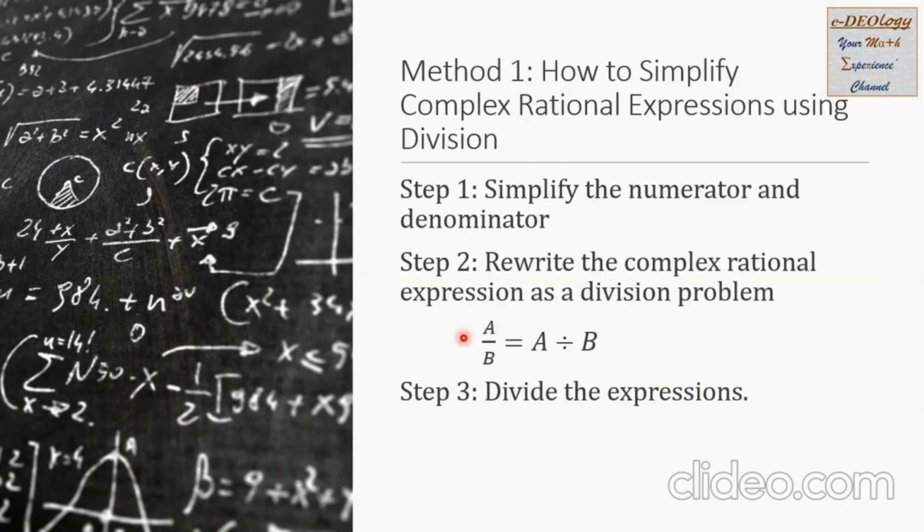If we have a over b, where a and b are rational expressions, this will be equal to a, the numerator, the first rational expression, divided by b, which is the denominator. And step 3, we will divide the expressions.